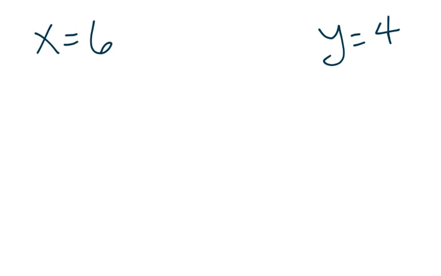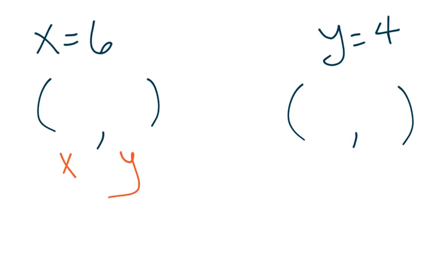What we're going to do now is write these as coordinate points. What you should notice is that x equals 6 here, and the coordinate points is x first and then y. So x equals 6, so 6 would go where x is. But there's nothing for y here because we made it 0.